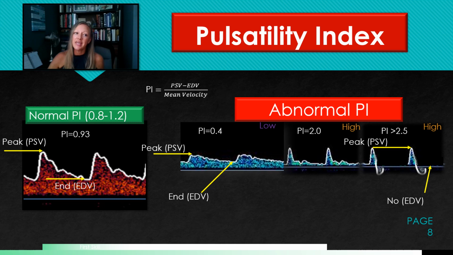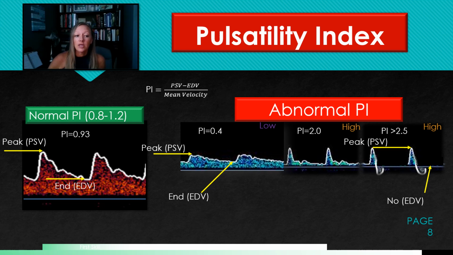The pulsatility index is a parameter which correlates with certain pathologies. We're looking for a normal range of 0.8 to 1.2. We're looking at the resistiveness of the vessel. You can see on the left the normal PI waveform.